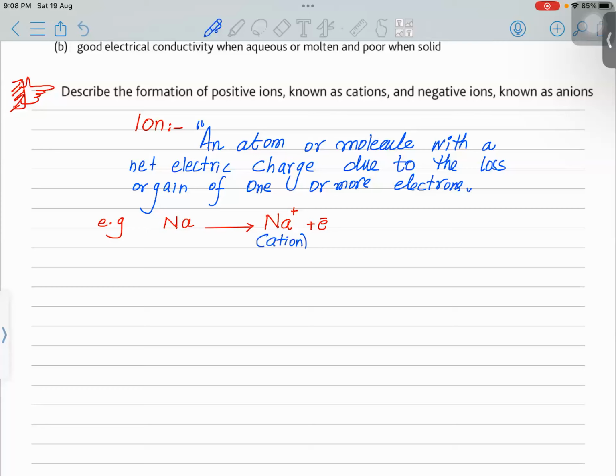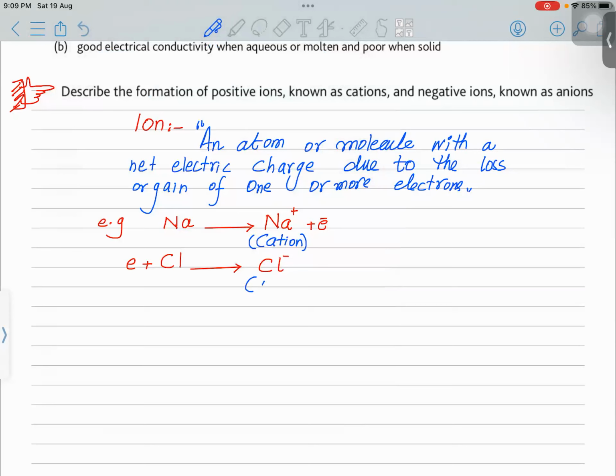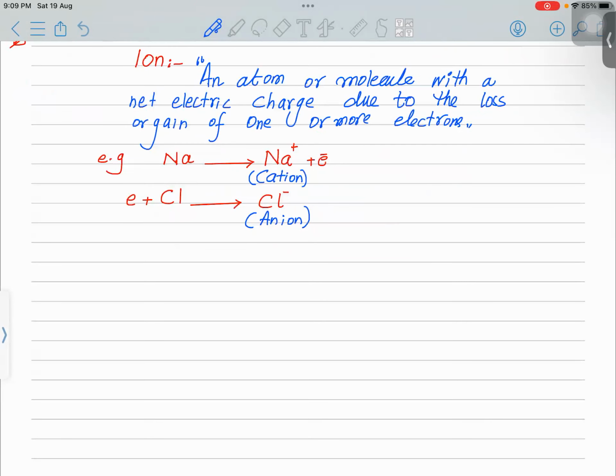Similarly, chlorine, if this electron is given to chlorine, chlorine becomes negative. This is called anion. Are you getting my point?